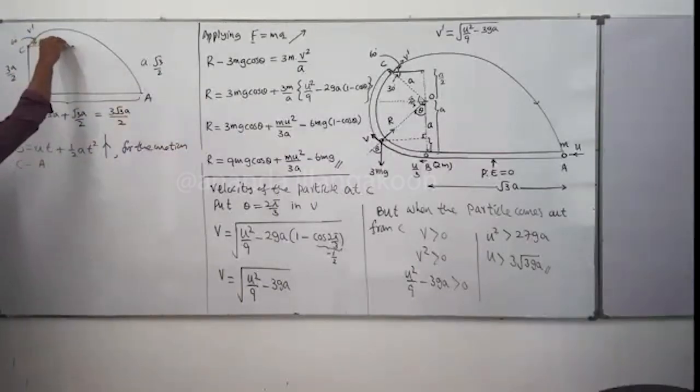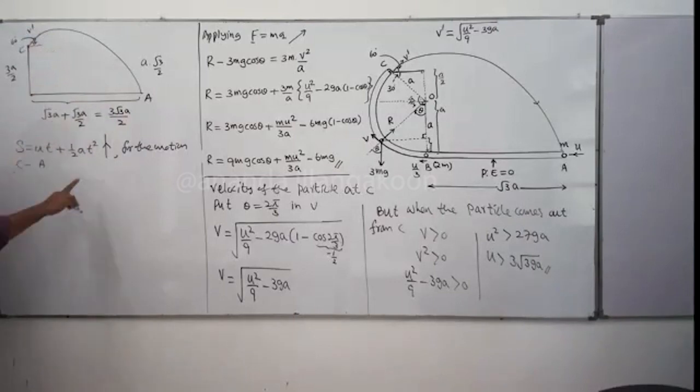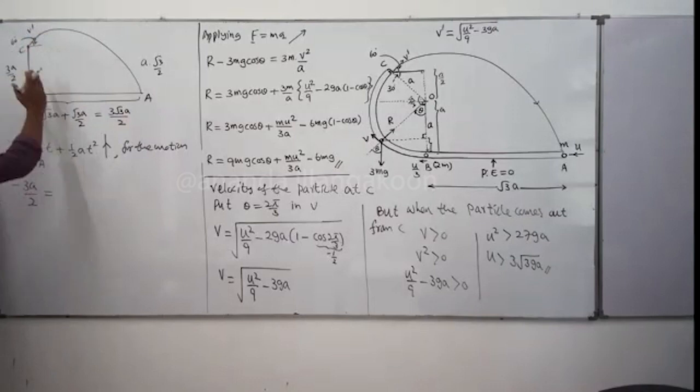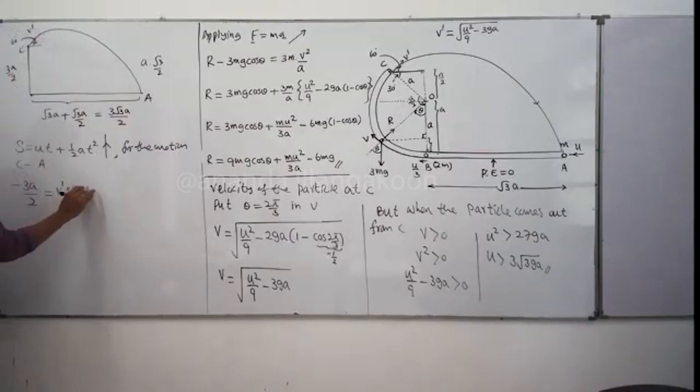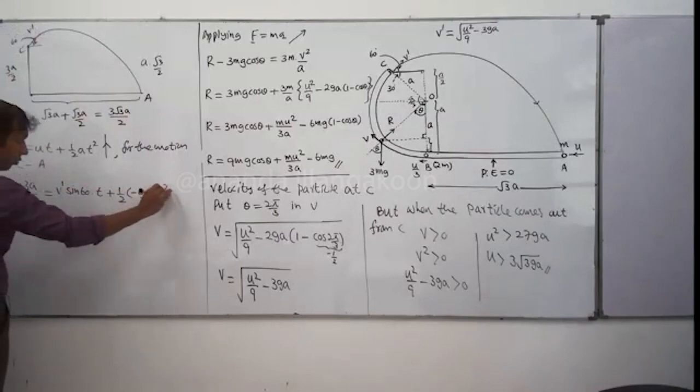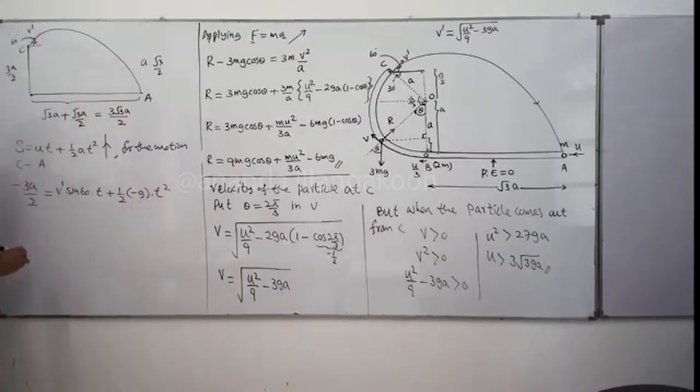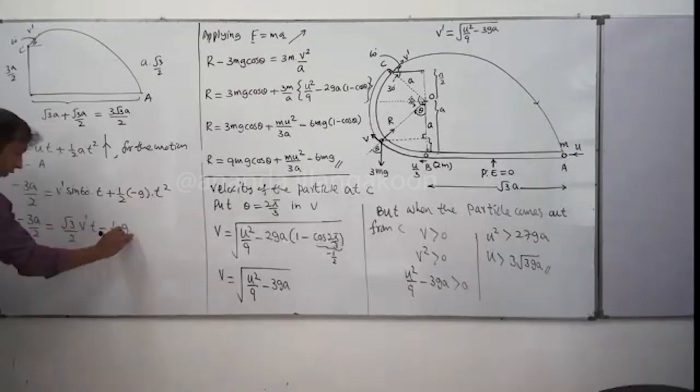The particle has a purely downward displacement. But since we apply this equation upward, that 3A by 2 should be negative 3A by 2. So u is v dash sin 60 times t plus half minus g t squared. So minus 3A by 2 equals root 3 by 2 v dash t minus half g t squared, with v dash sin 60 as root 3 by 2. Let us take this as number 1.